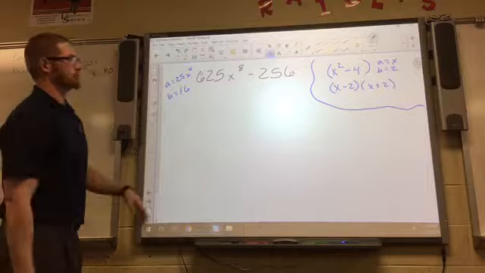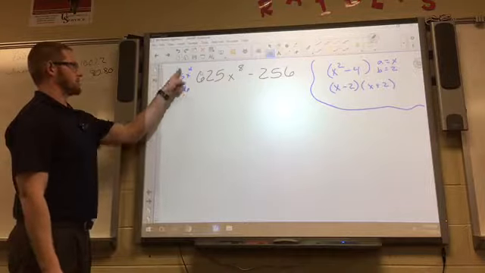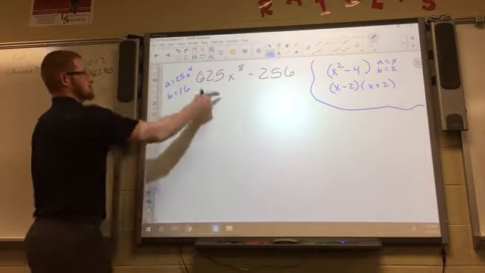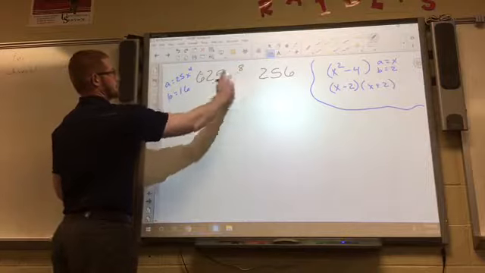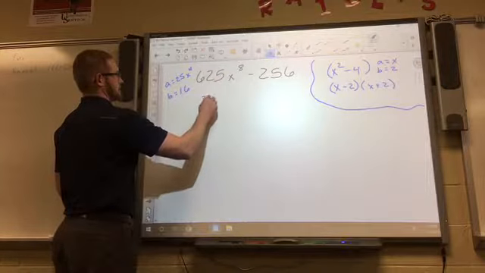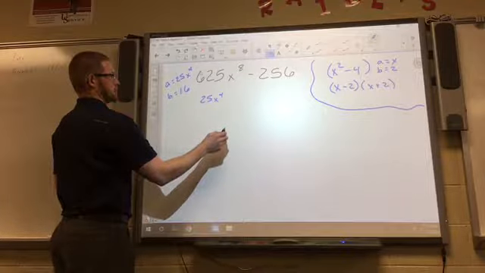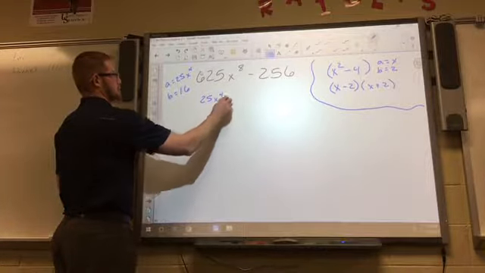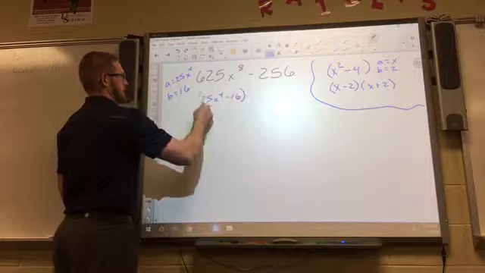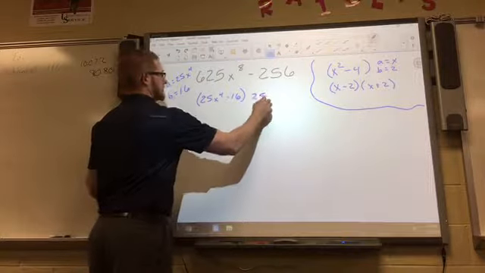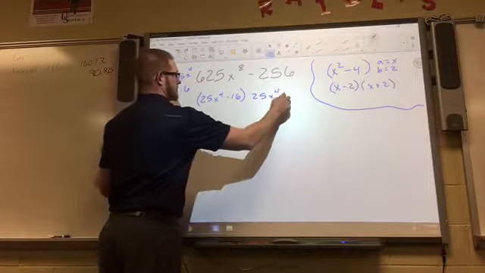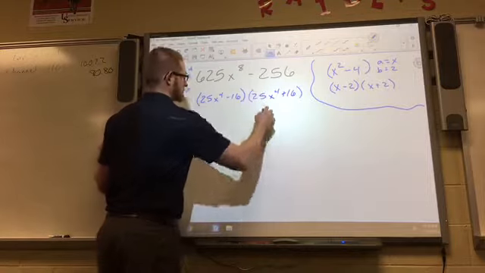I need both the plus and the minus version of these two things. So when I take the difference of two squares here, I'm going to have 25x to the 4th minus 16 and 25x to the 4th plus 16.